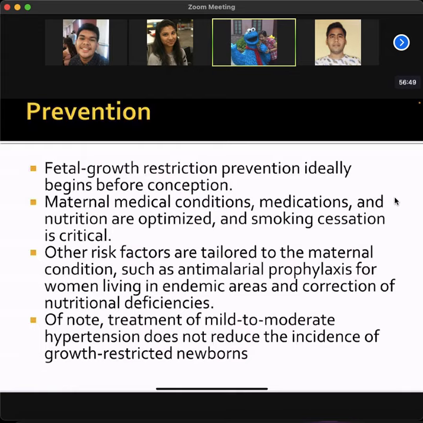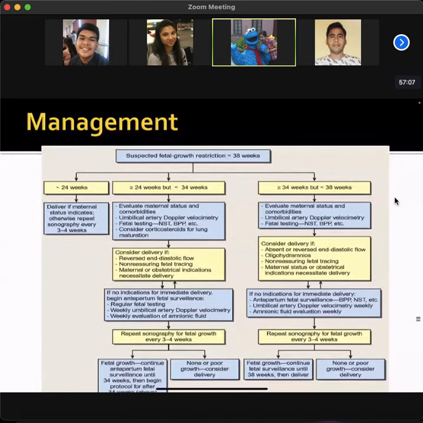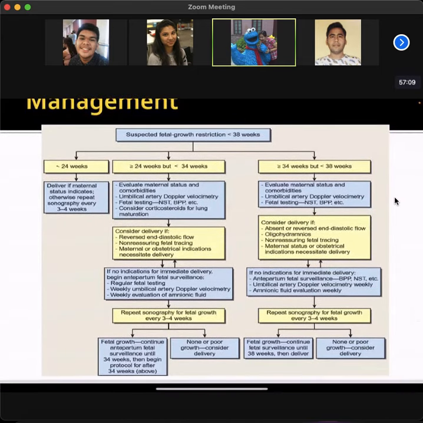It's a very prominent disease in our women, iron deficiency anemia. Of note, treatment of mild to moderate hypertension does not reduce the incidence of growth-restricted newborns. So this is an algorithm in the management of fetal growth restriction.